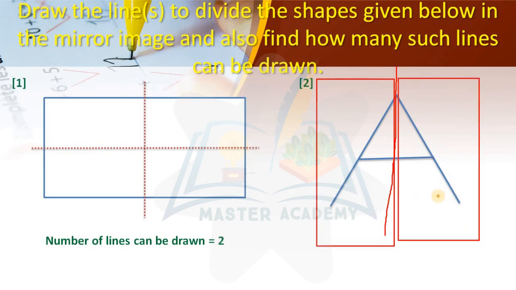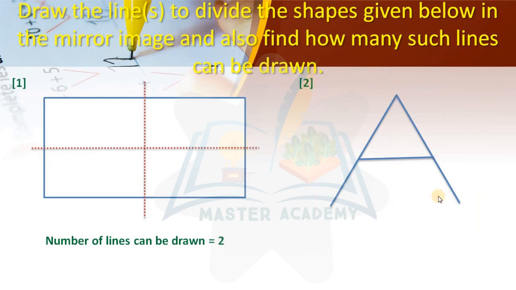If you see in the mirror, obviously your face will look like that. Clear? Understood what I am telling you? So look at this side. We will draw a line in between. So you can observe here. So how many lines of symmetry? There is only a single line of symmetry in a capital A. Okay, so in the second figure, the number of lines that can be drawn is equal to 1 only.